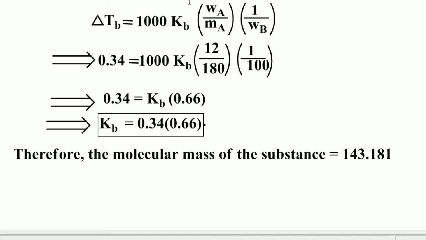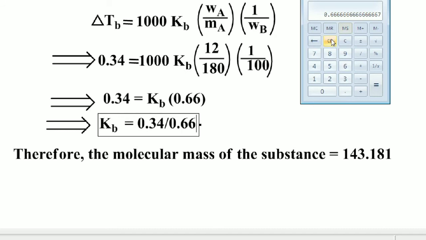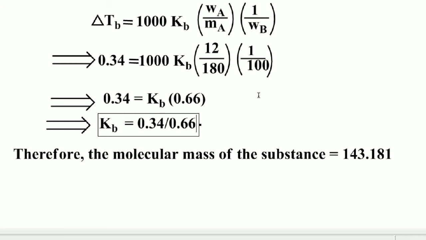Now we can calculate the value. 0.34 divided by 0.66, we get 0.515. 0.515 is the molal elevation constant.